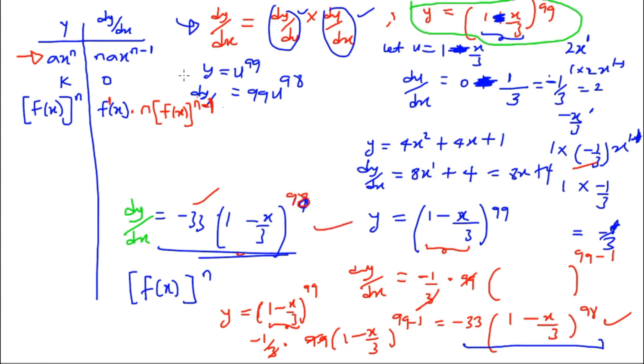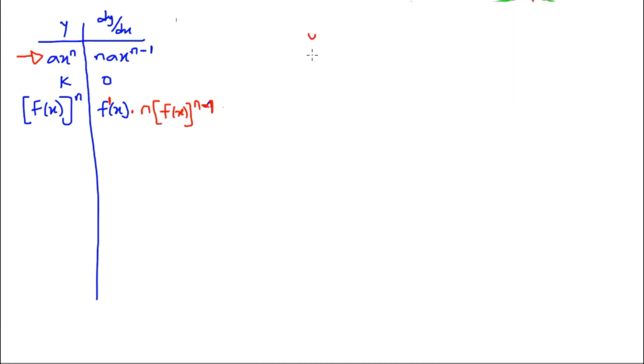Now let's solve one more problem concerning this. So if y is equal to, let's say, 3x squared minus 5 raised to power 5, what I will do is differentiate what is inside the bracket so that I will have 6x.